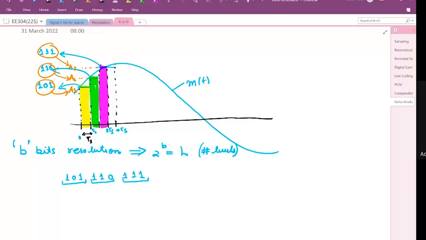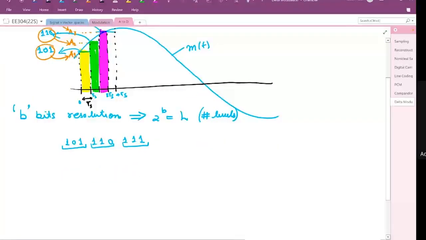So what we are saying is, instead of quantizing the samples of the message signal, we can quantize the difference between the successive samples.